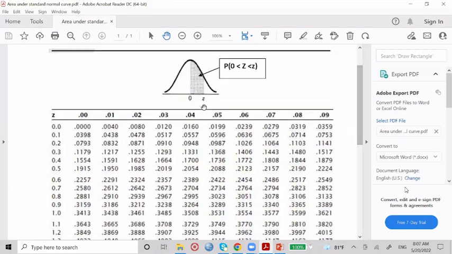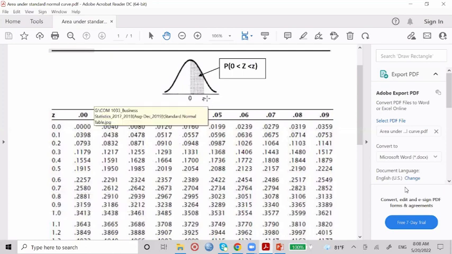Suppose, for example, when the Z value is 0, this probability is 0. This is Z value 0.01. Now suppose we want the probability for Z equal to 1.